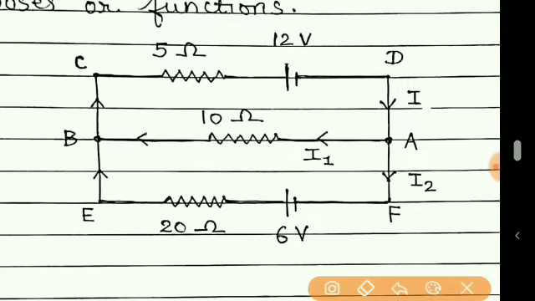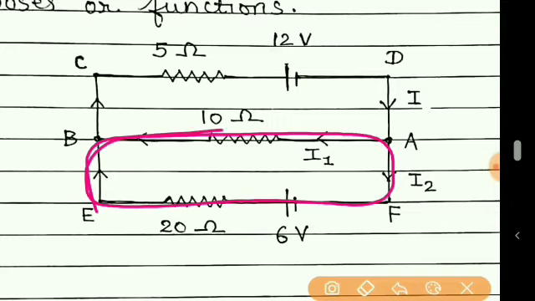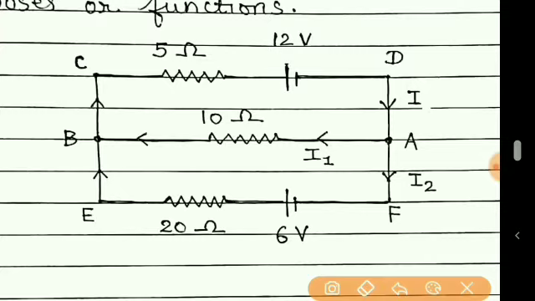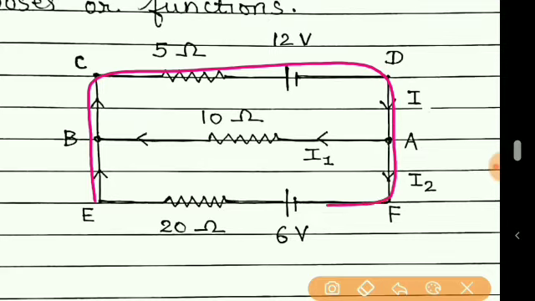Then you can see lower loop also, E, B, A, F, E. This is second loop. Then also one more loop is there, E, B, C, D, A, E. So here in this network there are 3 loops.